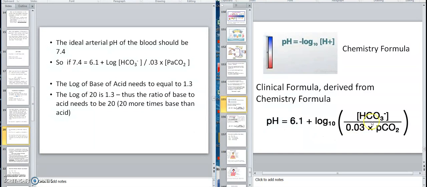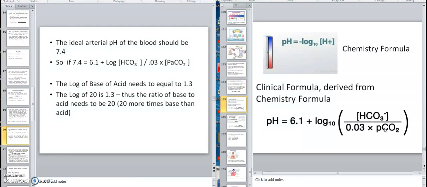The log of 20 equals 1.3. Now, what does that mean then? That means that the base to acid ratio needs to be 20 to 1. That's what we have to hold it at.